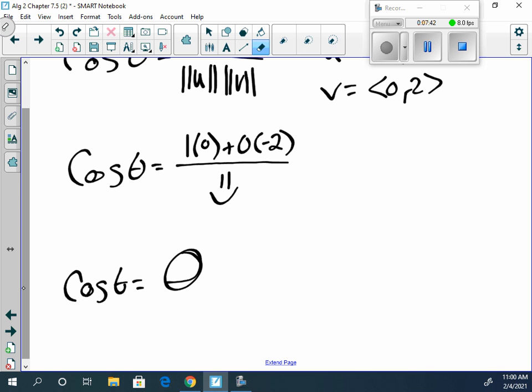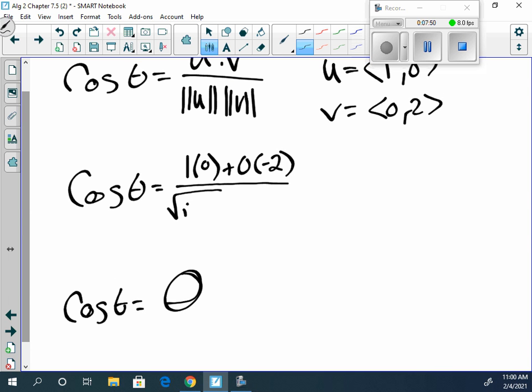Okay, I'm going to erase the smiley face. The magnitude of u is going to be the square root of 1 squared plus 0 squared, times the magnitude of v, the square root of 0 squared plus negative 2 squared. We would get a value for the denominator, but because the numerator is 0, the whole thing works out to be 0.